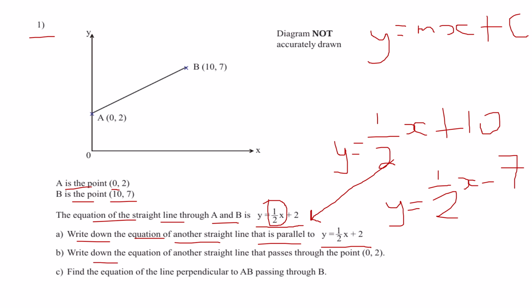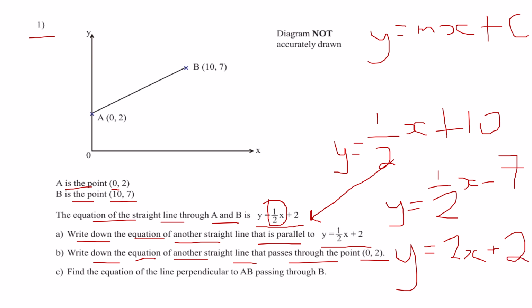Part B, write down the equation of another straight line that passes through the point (0, 2). So this time it's not specified if it's parallel. So it can be y = 2x + 2, y = x + 2, y = 7x + 2.